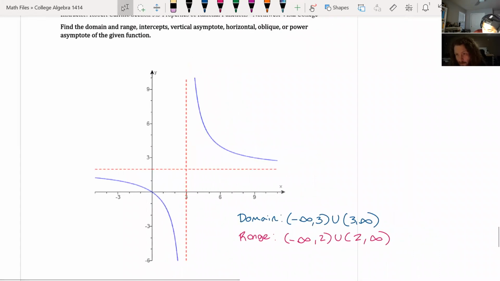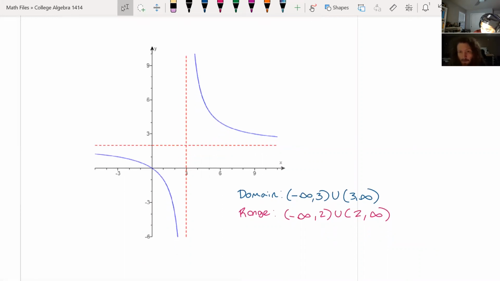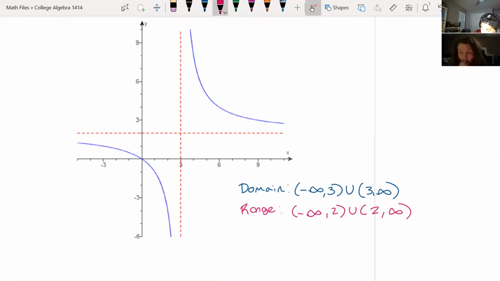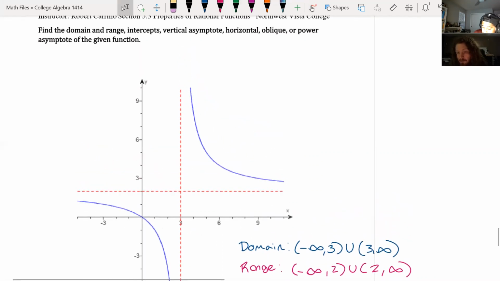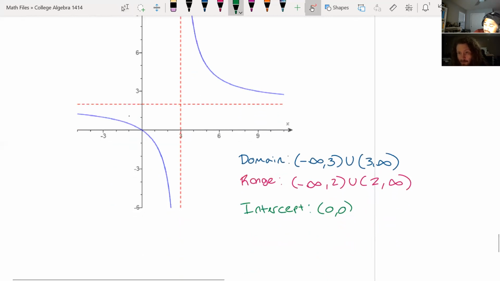And then what is the only intercept you see here? 0, 0. That can even be a y-intercept as well. If there is a break at 3 in our domain, what is my vertical asymptote? x equals 3.